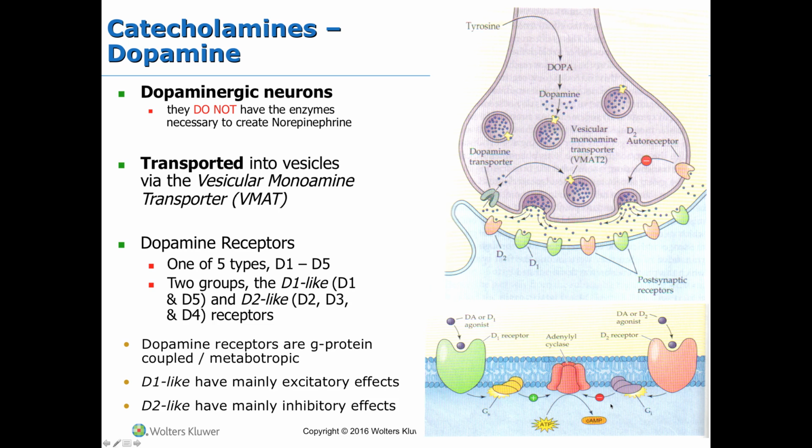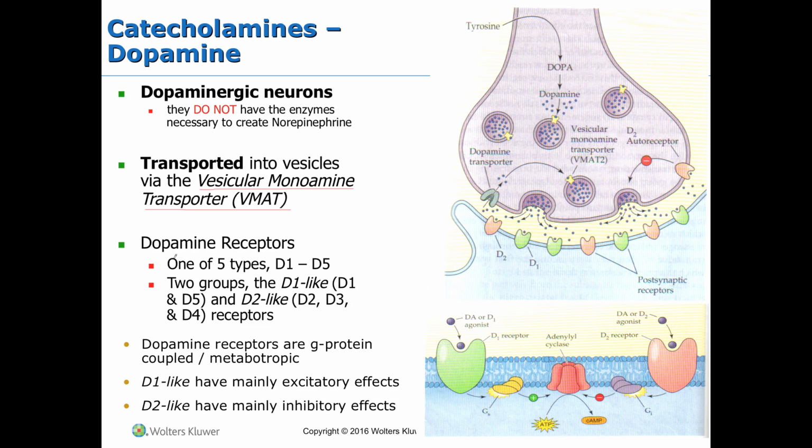Now, going specifically into each of the catecholamines, dopaminergic neurons, these are neurons that contain dopamine. These neurons do not have the enzymes necessary to create norepinephrine. They are dopaminergic neurons. Dopamine is transported into vesicles through the vesicular monoamine transporter, also known as VMAT.